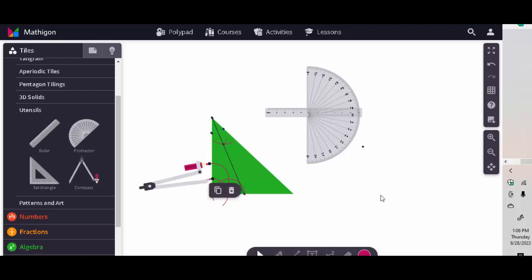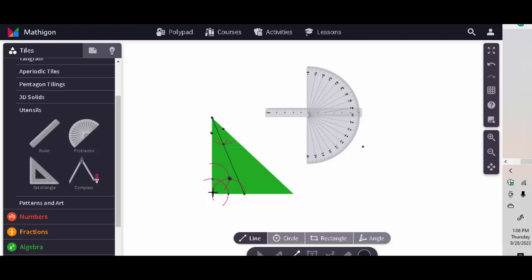All right, so now we can see those 2 arcs intersected right here. So we're going to make a point there where they intersected. And we are going to put a point in the corner right here to mark the vertex of that angle, and then draw our segment.